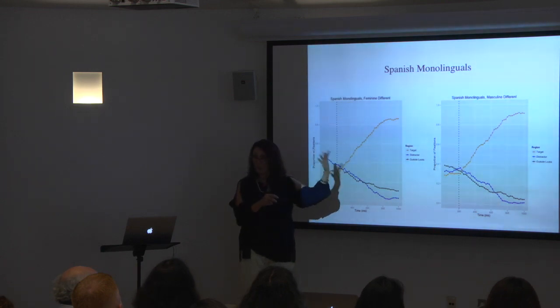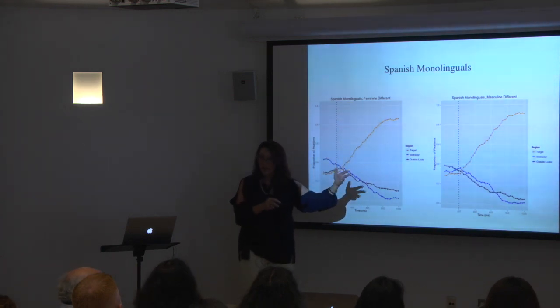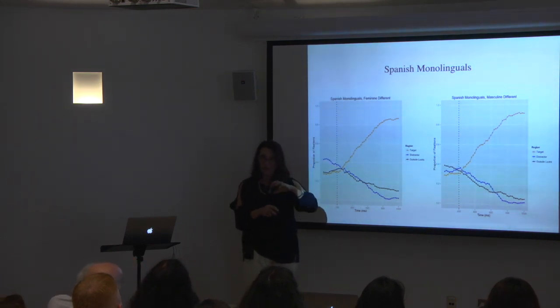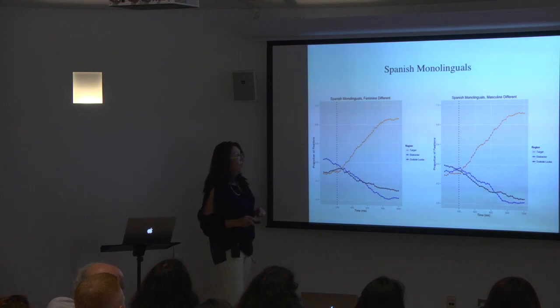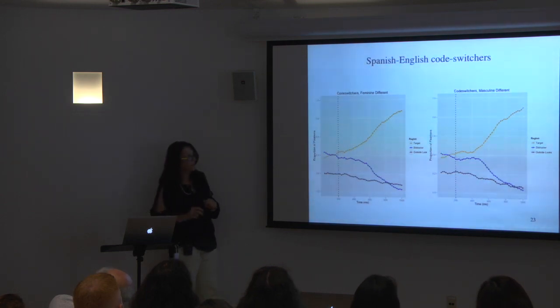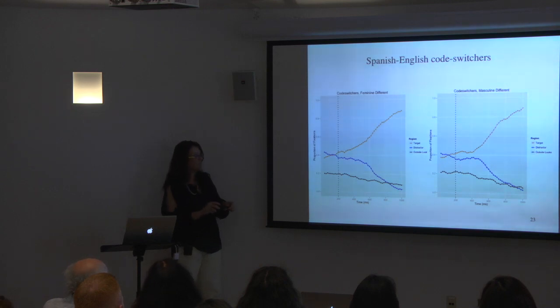So they're able to anticipate the words pelota or carro based on whether what comes before is el or la. All right. Now, what do the code switchers do? Remember, the code switchers are processing in Spanish. They are hearing in Spanish. They're not hearing code switch sentences. But they are code switchers themselves.